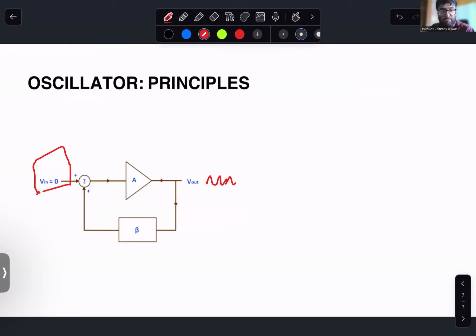So out of all the frequency components, only one particular frequency, the frequency for which the phase shift that's introduced by this amplifier and the feedback circuit will be equal to 0, will sustain. And all the other frequencies will have a different phase and will eventually die out. So from all other frequencies, only one particular frequency will be added to this input noise.